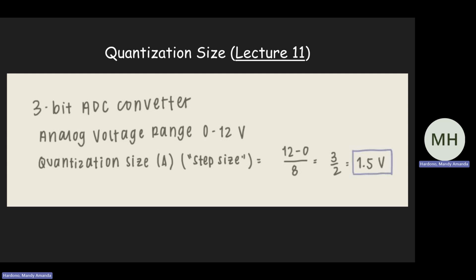So your quantization size, aka your step size, is going to be the maximum end of your voltage range minus the minimum end. For a 0 to 12 volt range, you would do 12 minus 0 divided by the total levels, which is 8 levels for this ADC, which is equal to 1.5 volts. So in between each level, you're going to have a 1.5 volt difference.